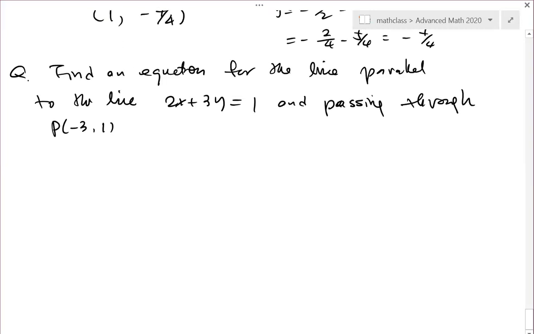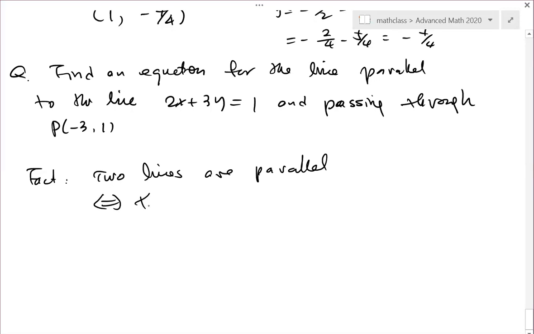First of all, here's the important fact. 2 lines are parallel if and only if they have the same slope.